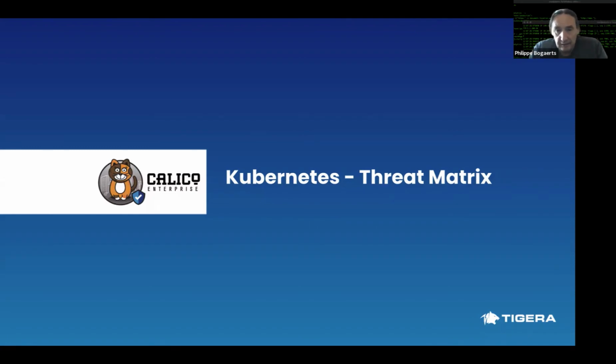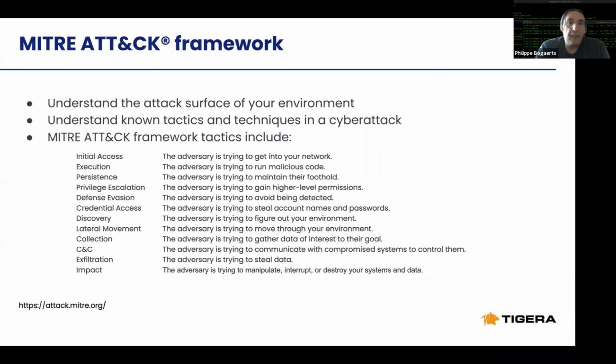So I did some searching around, and one good way to start off if you want to analyze the security risks associated with Kubernetes is to take a look at mitre.org. Basically, it's a free-to-use tool and information that you can use to better understand the attack surface of your environment.